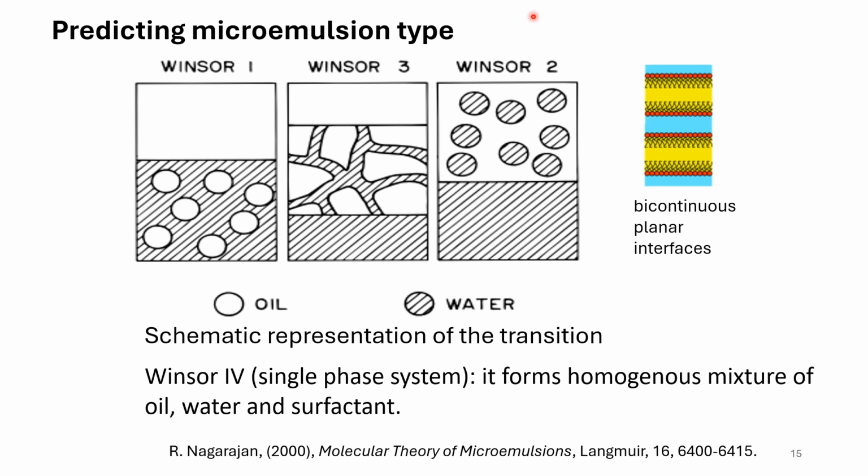Windsor type 1 microemulsions has 2 phases, same as the Windsor 2 microemulsions, which also has 2 phases. So type 1 consists of the surfactant that is preferentially soluble in water, and it will form oil in water microemulsion, whereby it also consists of the surfactant-rich water phase coexisting with the oil phase, shown in this figure here.